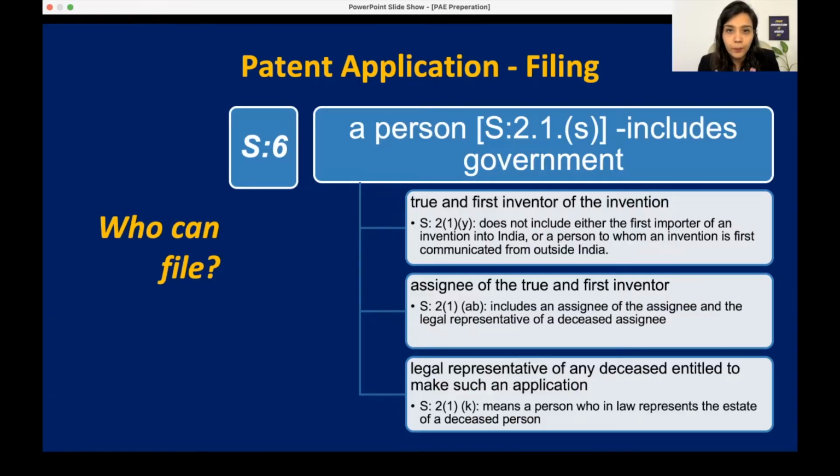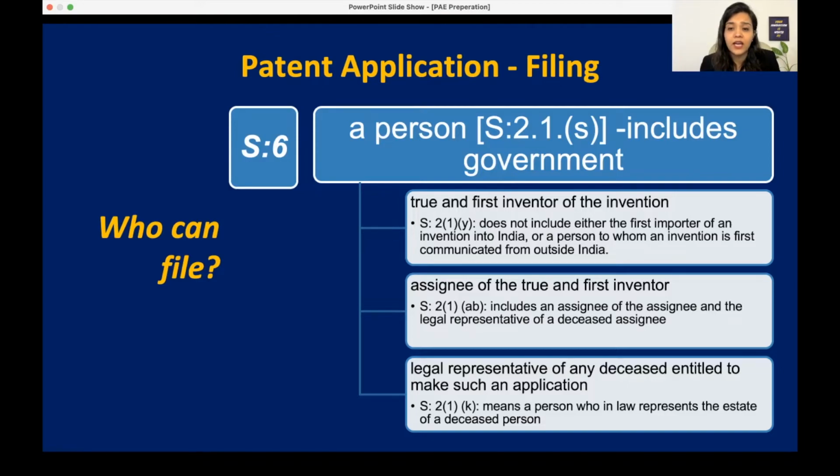So it has to be a person who has developed the invention in that jurisdiction, but does not include an importer or communication from outside India.